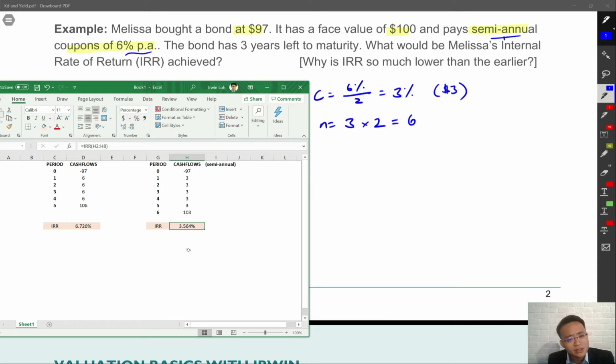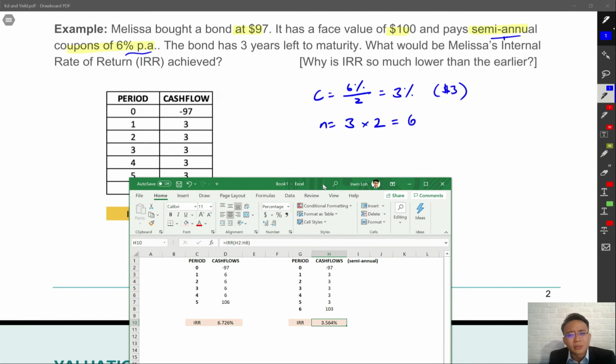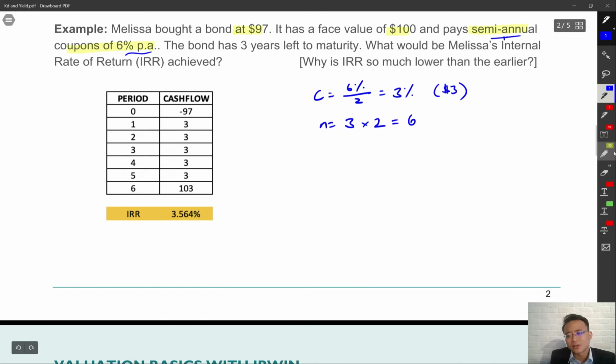Oh, my mathematics is failing me. No, not 60% lower. Yeah, about 40% lower. Sorry. The inverse. I went to inverse it. About 40% lower. Okay? Why is it so? Right? Is this bond really less profitable? Why is the IRR, as the question says, so much lower than the earlier one?